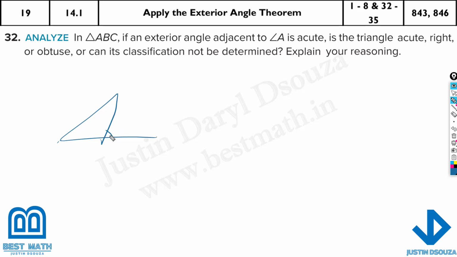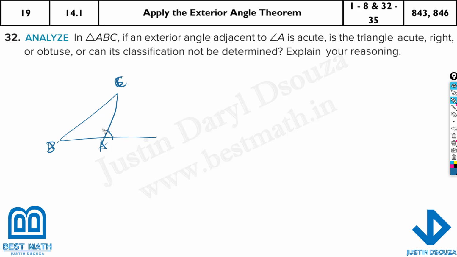Now this one is acute angle and this is ABC. I'm just trying to describe what is given, you know. This is ABC. So they have told triangle ABC is there. And the exterior angle adjacent to A. So imagine this is A, exterior angle to it is acute angle. Acute means it's less than 90 degrees, right? So I'm just dipping it and making it less than 90.